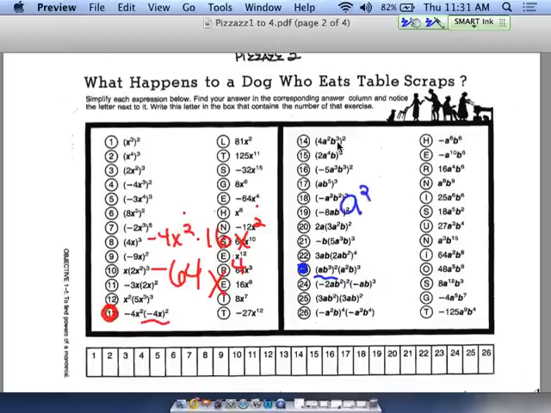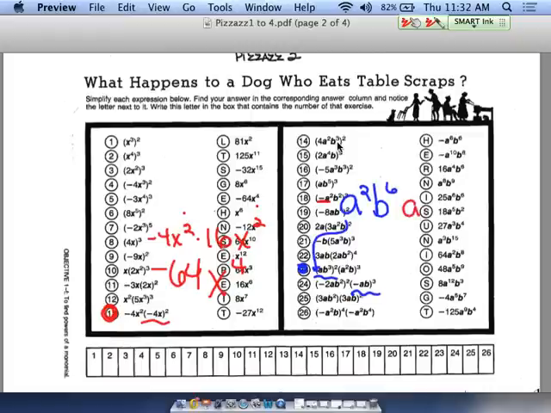This ends up being a squared b to the 6th. That's the result of that. And then I have the next factor. I have a negative sign raised to an odd power. So that negative sign raised to an odd power tells me that I'm going to have a -1 in my answer. So my answer, or the final product, will start with a negative sign.